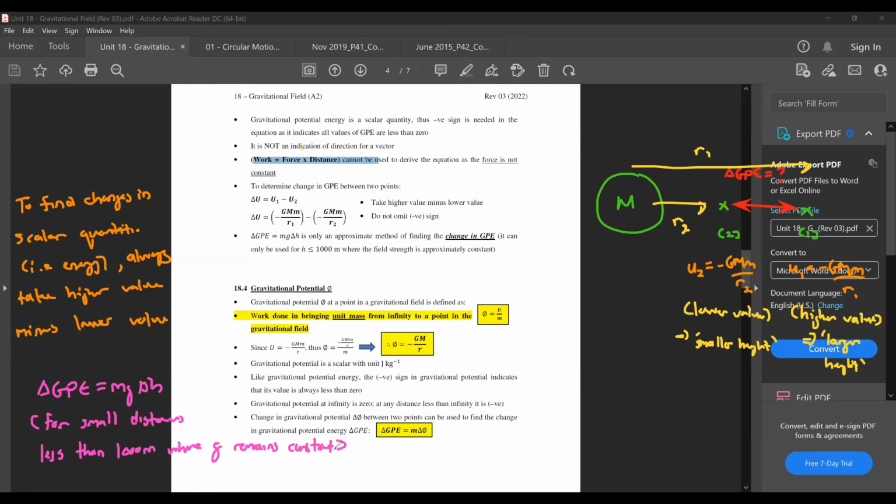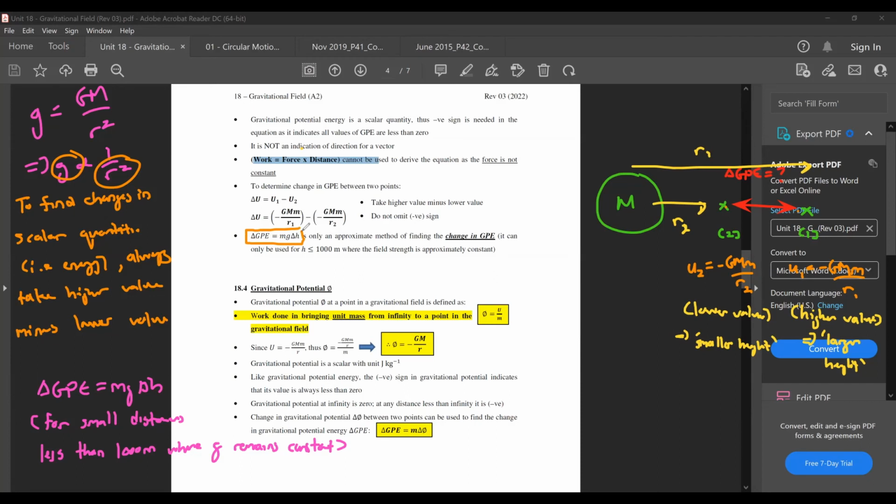Okay, so we know that g is actually GM over r square, right? Where we say that g is inversely proportional to r square. So in general, if your r changes a lot, your g will change a lot. Last time in AS, we tended to use change in GPE equals mg delta h.